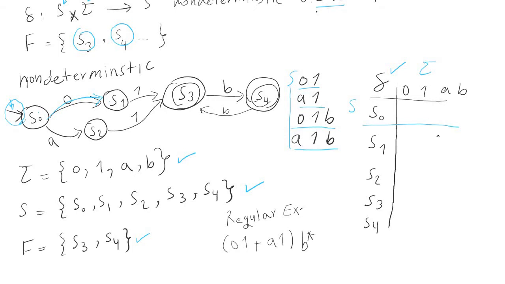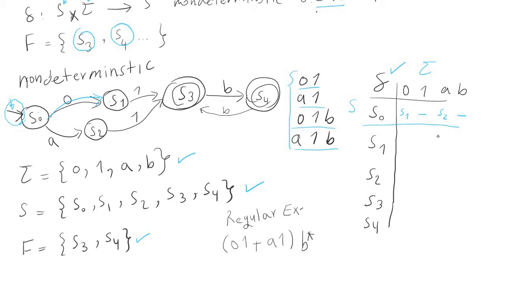We say that we are in state 0 and we get a 0, we will go to state 1. If we get 1, we don't know where to go, so let's put a blank here. With A, we will go to state 2, and B is also unknown. And we will repeat this for all other states.